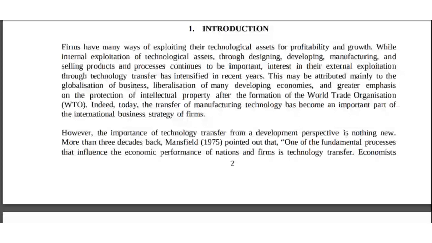So that importance is highlighted. There is that need that technology should not just be used where it developed from, but should be shared to some extent.